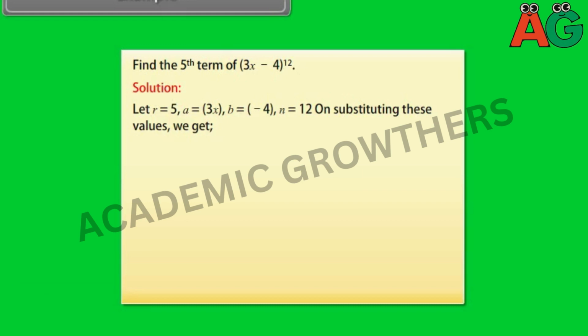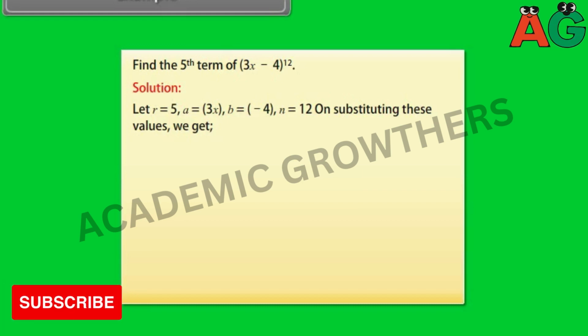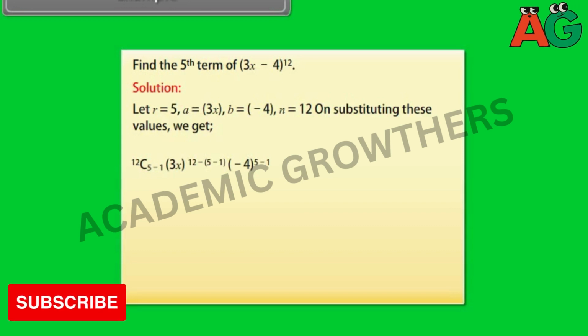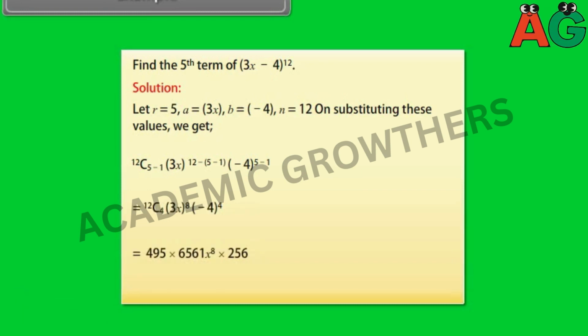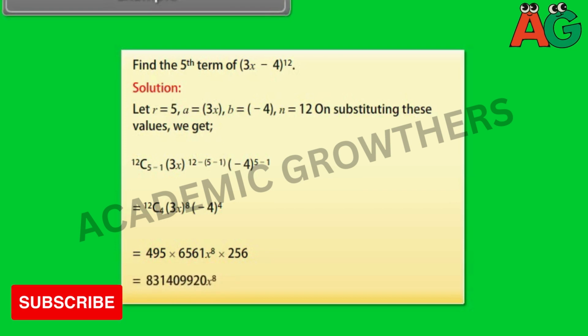On substituting these values, we get 12C(5−1) into (3x) raised to the power 12 − (5−1) into (−4) raised to the power 5−1, which is 3140920 into x raised to power 8.